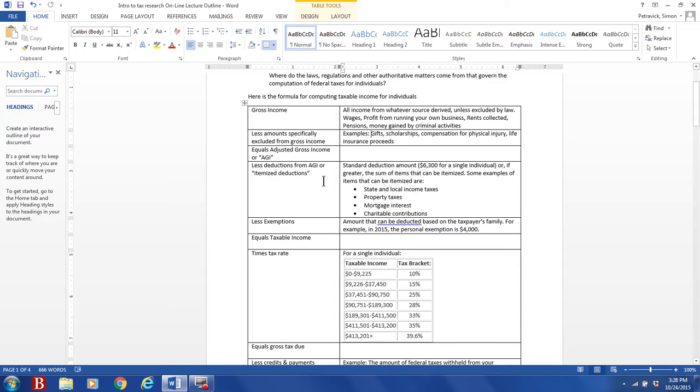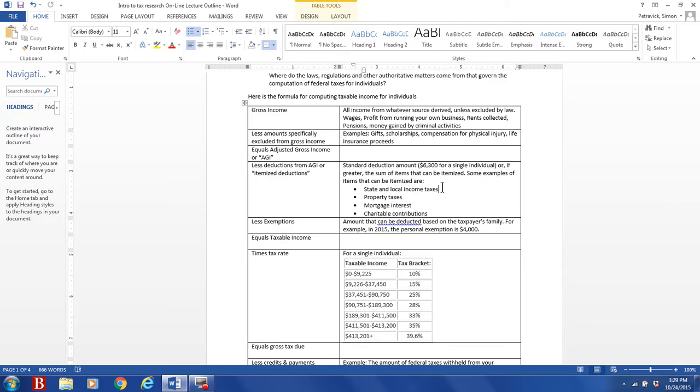Once you know AGI, the tax law says that other things can be deducted before we figure out your taxes. And there's 2 ways to go about figuring out these deductions. First of all, the tax law says that for a single individual, you can subtract $6,300 from your income before you figure taxes.